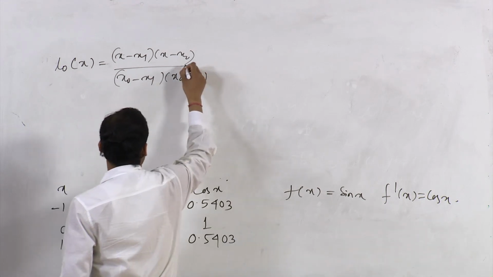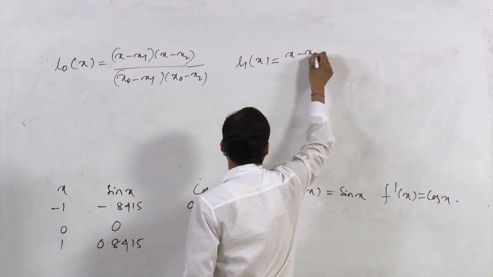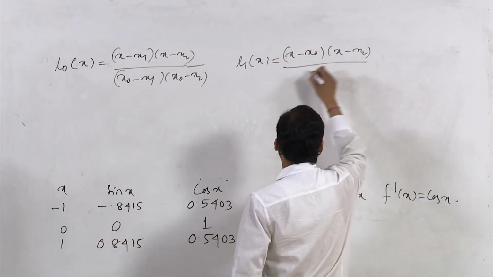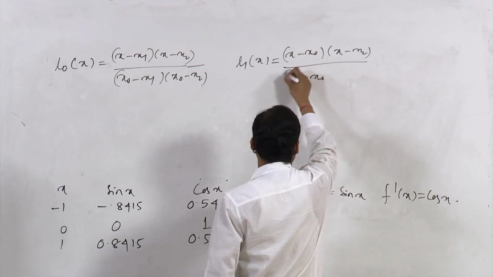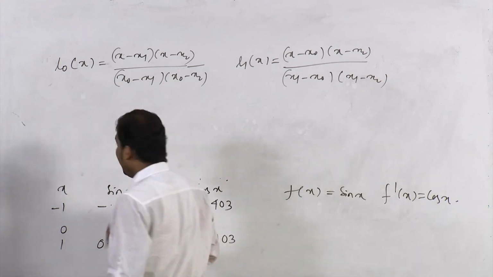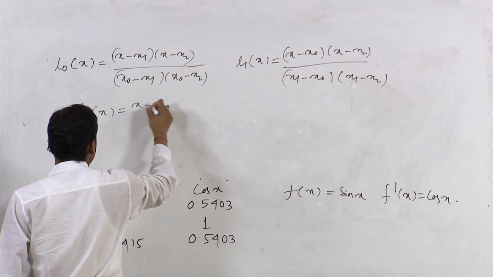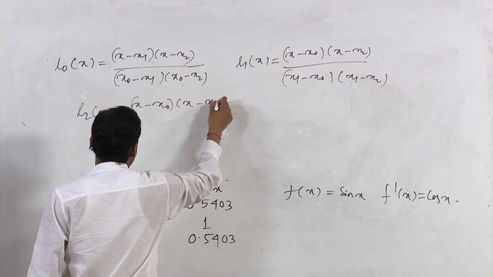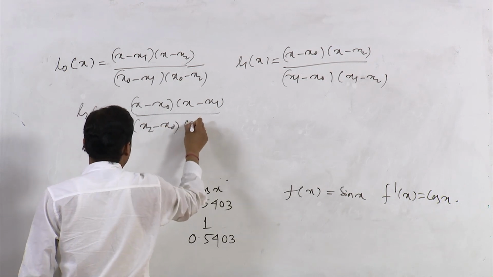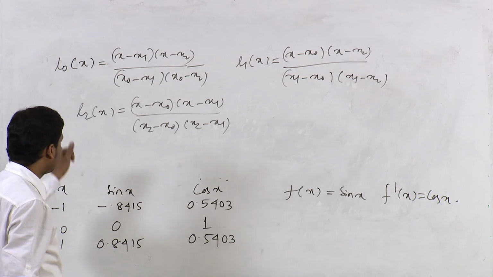Similarly L1 of x can be written as x minus x0, x minus x2 divided by x1 minus x0, x1 minus x2, and L2 of x as x minus x0, x minus x1 divided by x2 minus x0, x2 minus x1.